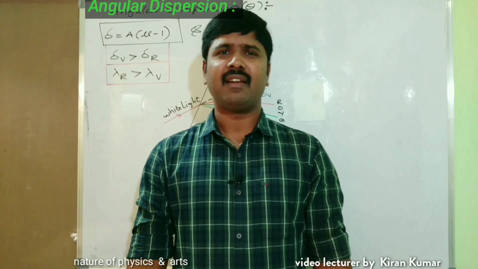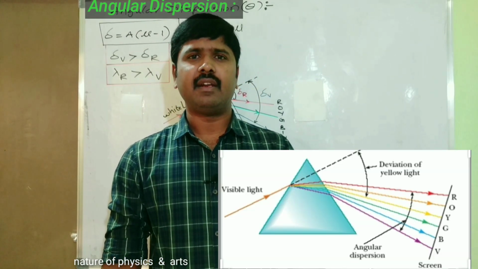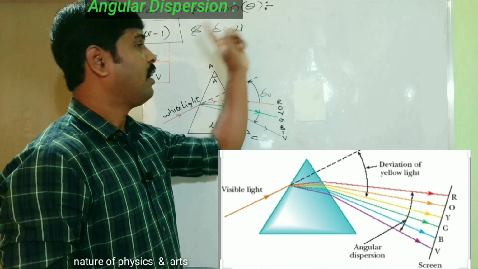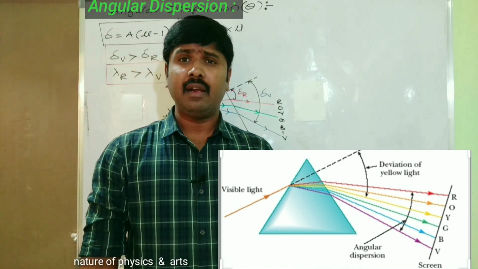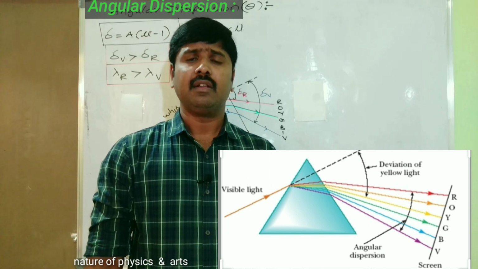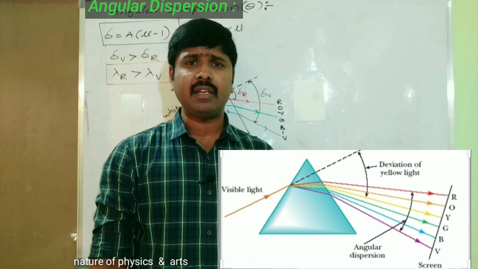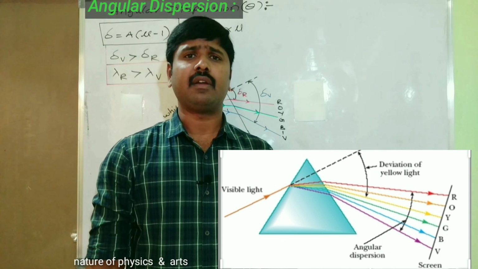Now, angular dispersion. It is indicated by the letter theta. Angular dispersion is defined as the difference between the deviation angle of violet color and red color.